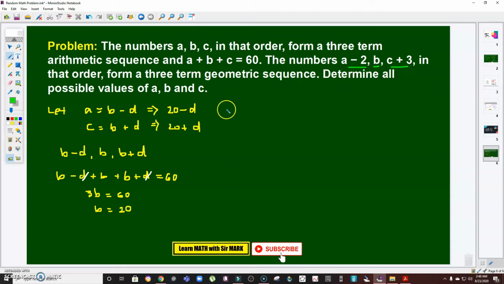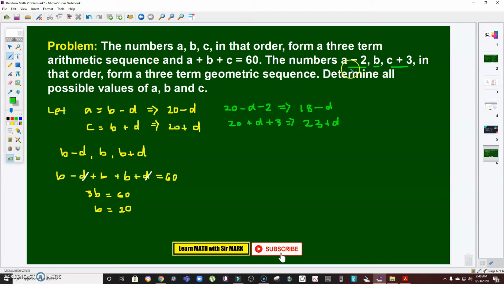So instead of writing A minus 2, I'm going to have 20 minus D minus 2, that will become 18 minus D. Similarly, C plus 3, which is 20 plus D, I have to add 3 there, so that will become 23 plus D.